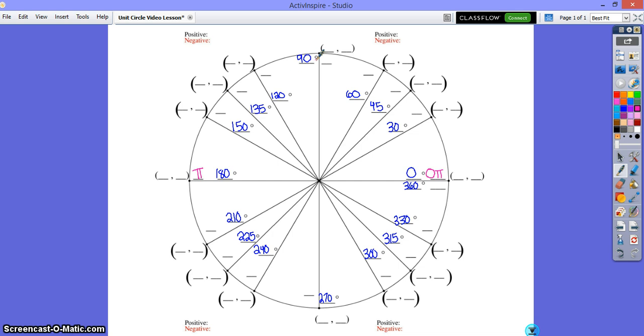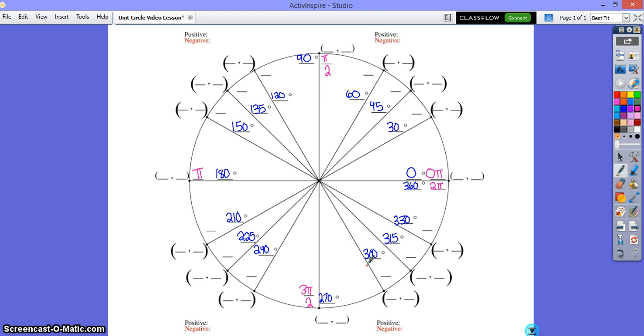And so half of 180 is 90, so half of pi is pi over 2. So every 90 degrees in terms of radian is going to be a new pi over 2. So we have 1 pi over 2, 2 pi over 2, but that simplifies to pi, we already have that. 3 pi over 2 is 270 degrees, and then 4 pi over 2 is 2 pi.